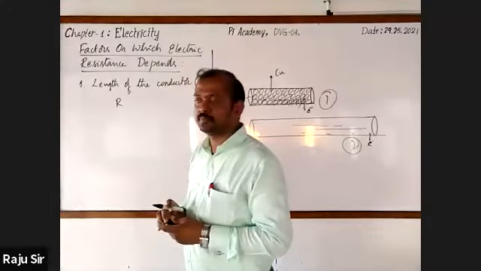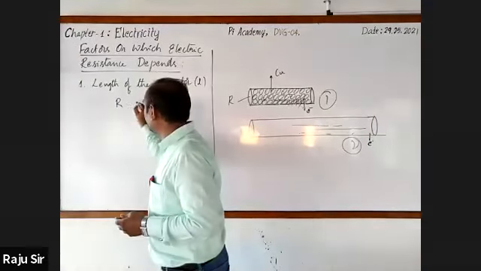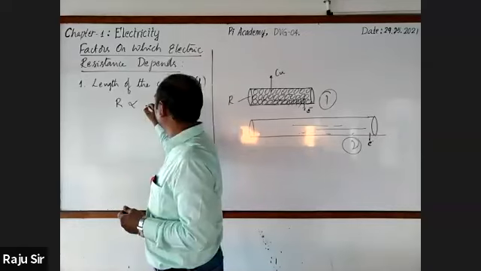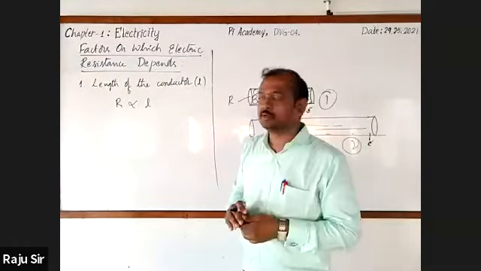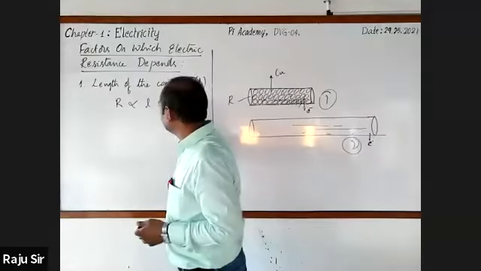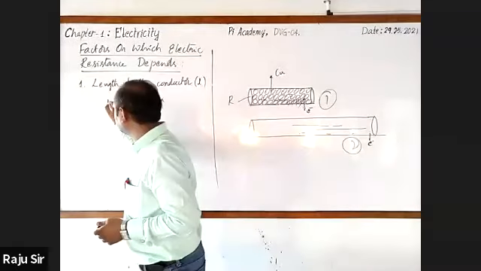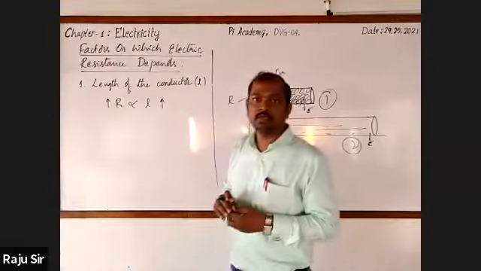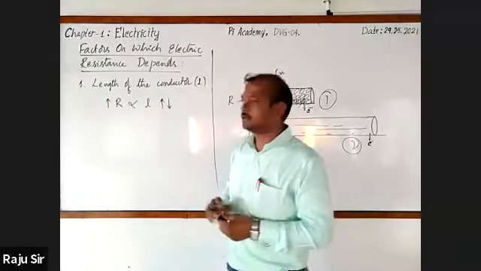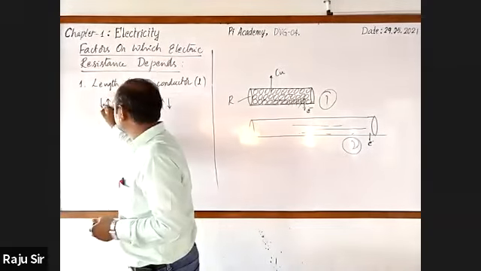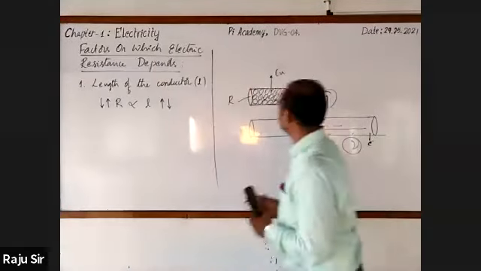Directly proportional. R is directly proportional to L. As length increases, electric resistance also increases. As length decreases, electric resistance also decreases.